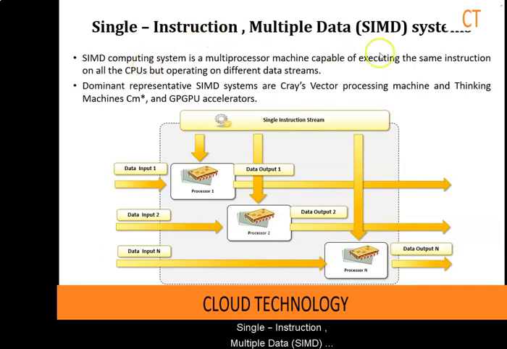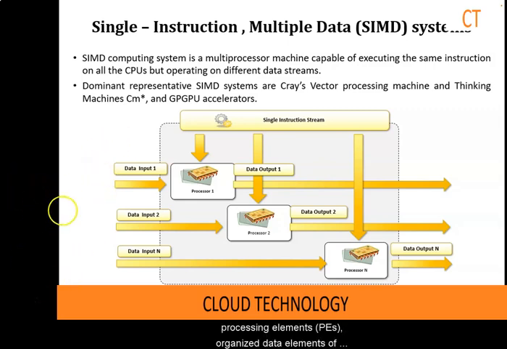Single instruction multiple data computing system is a multiprocessor machine capable of executing the same instruction on all CPUs but operating on different data streams. Machines based on this model are well suited for scientific computing since they involve a lot of vector and matrix operations. For instance, the statement Ci = Ai * Bi can be passed to all the processing elements organized.